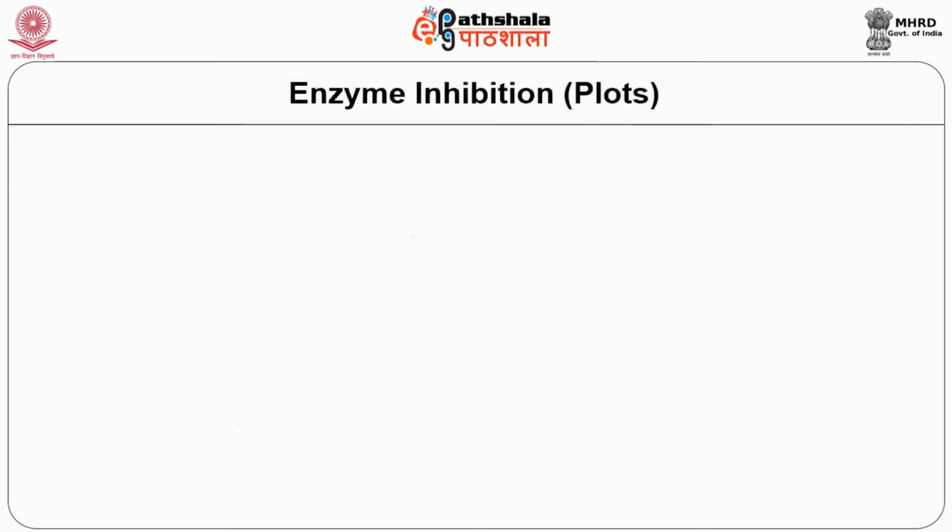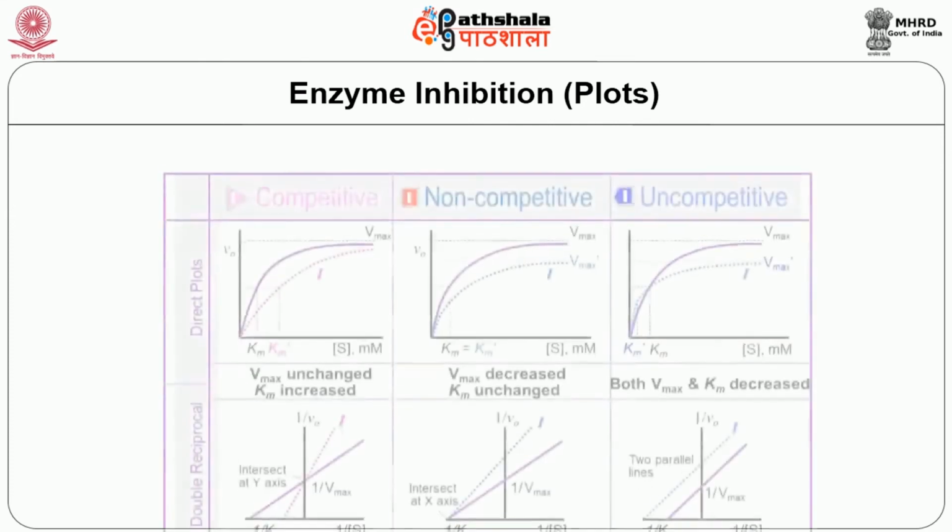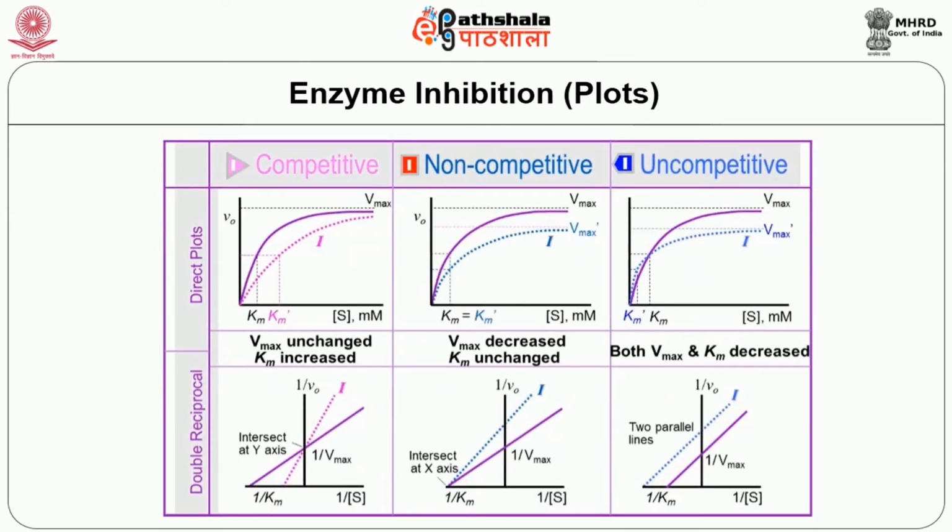In this slide, I have tried to consolidate our understanding of competitive, non-competitive and uncompetitive inhibition. The upper panel shows us the direct plots, how the hyperbolic curve changes in the presence of the substrate, and how the hyperbolic curve shifts in the presence of the inhibitor.